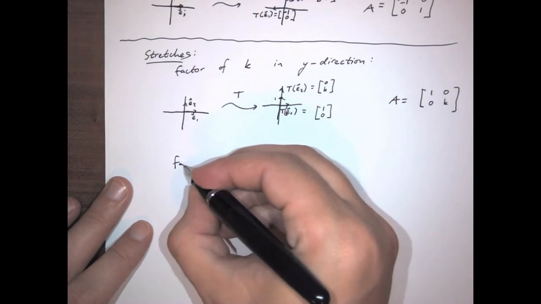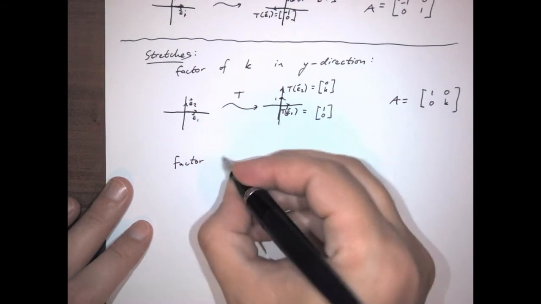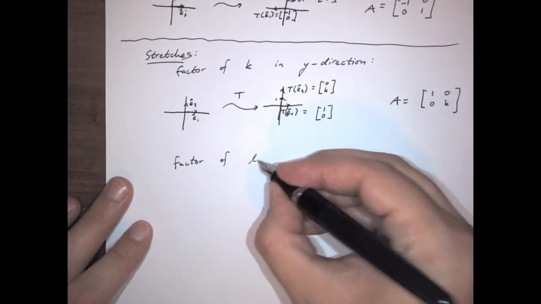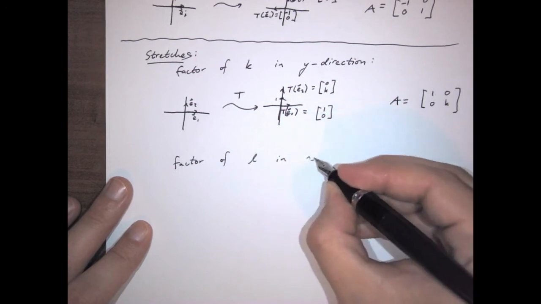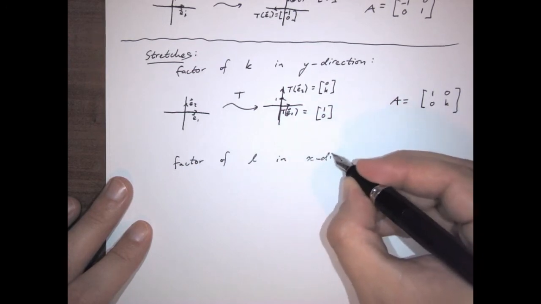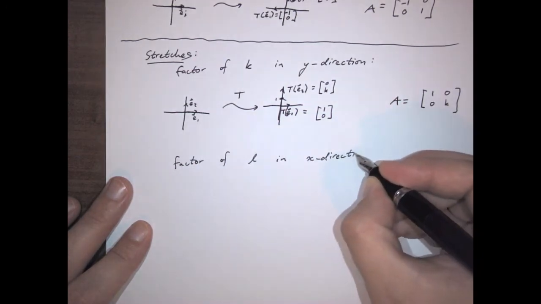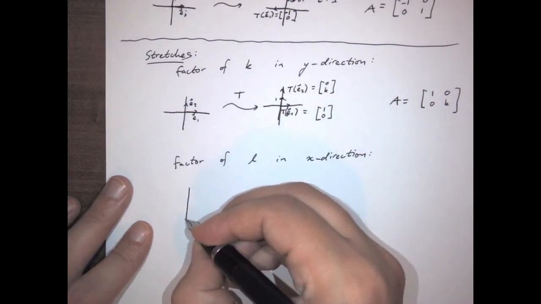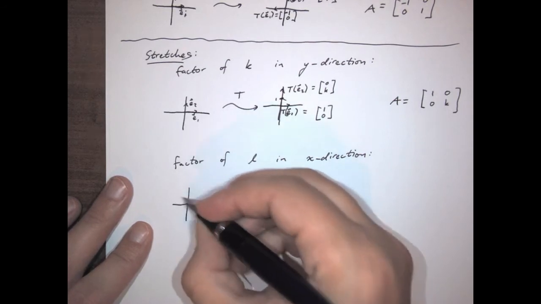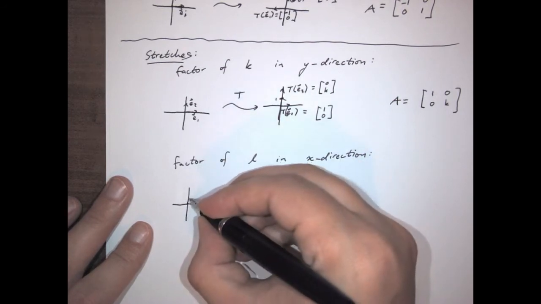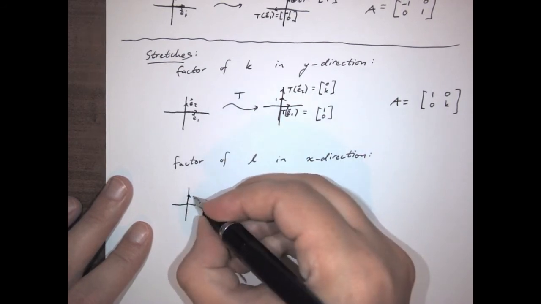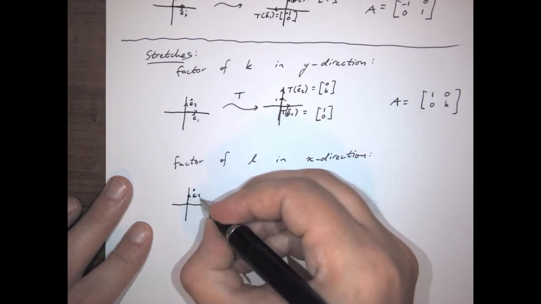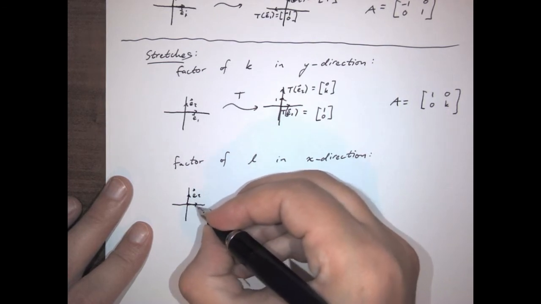Or we could do a factor of L in the x direction. So we can take basic unit vectors. This is J or E2. This is I or E1.